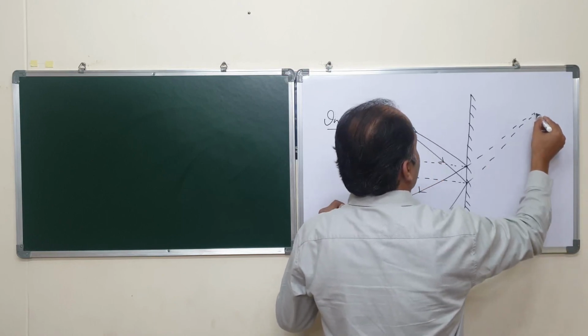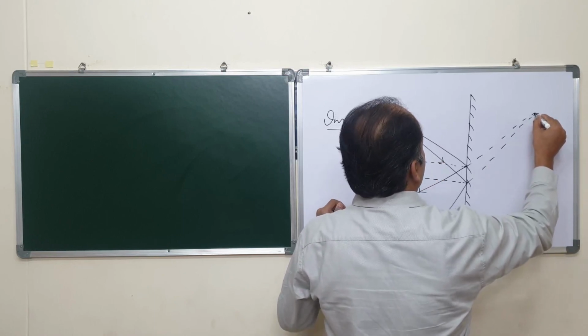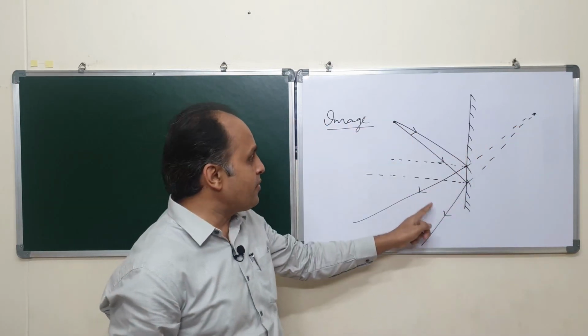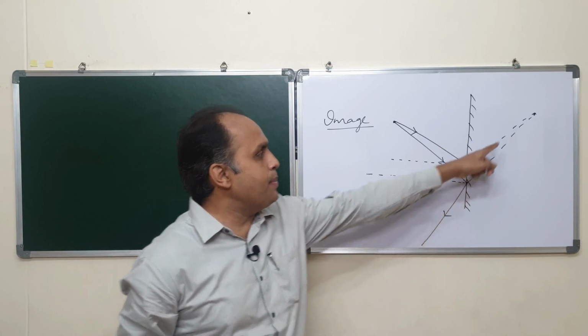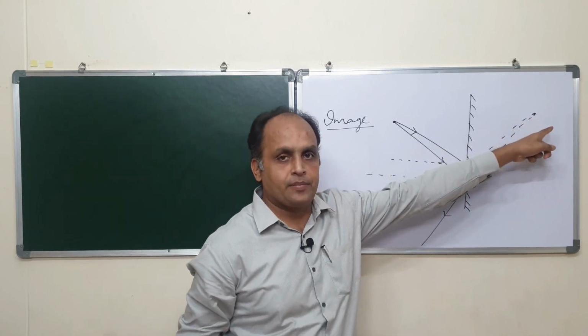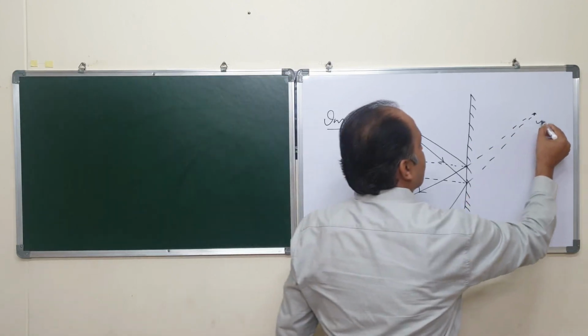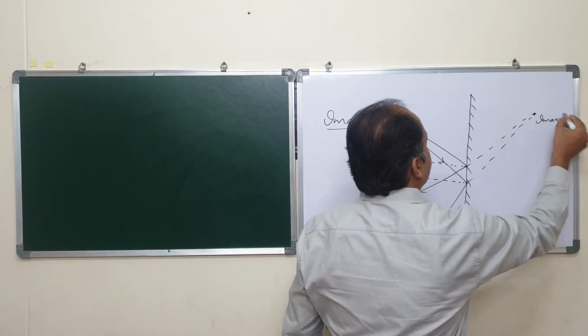So this is where the rays of light appear to come from. These rays of light won't actually meet, but they appear to diverge from this point. And this point is what we call the image of the object.